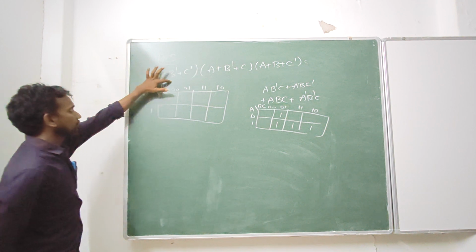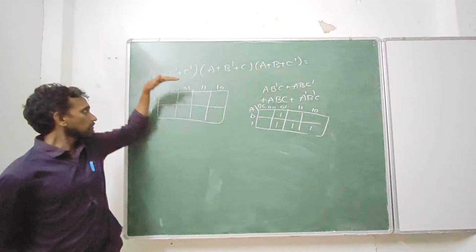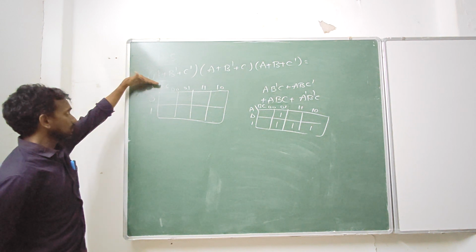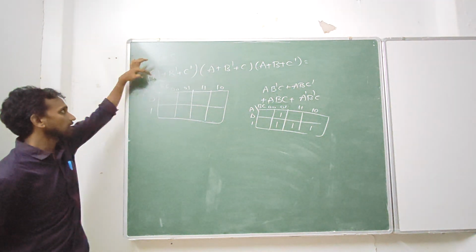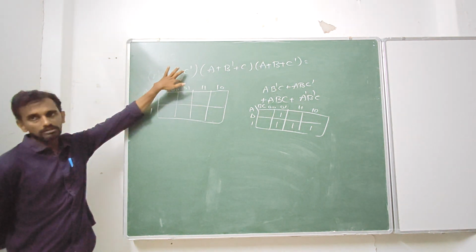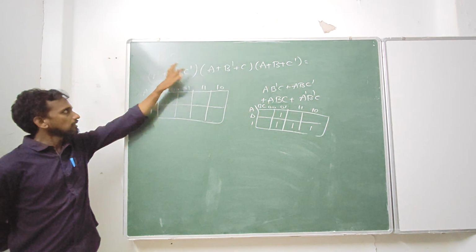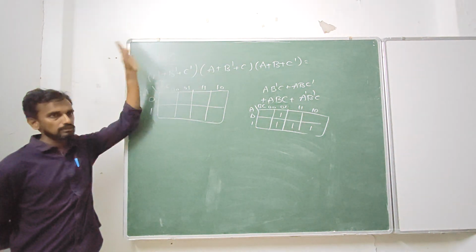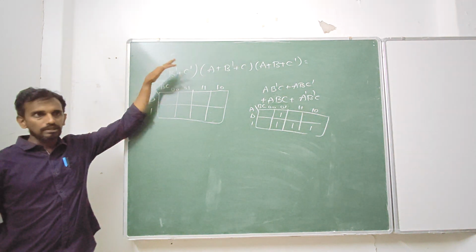Whereas in this case, when we are dealing with POS, product of sums, this term exists if any one of these three terms is 1. Let's say if a is equal to 1, this term will become 1. If b bar is equal to 1, even if a is 0 or c bar is 0, this term will exist. Okay.